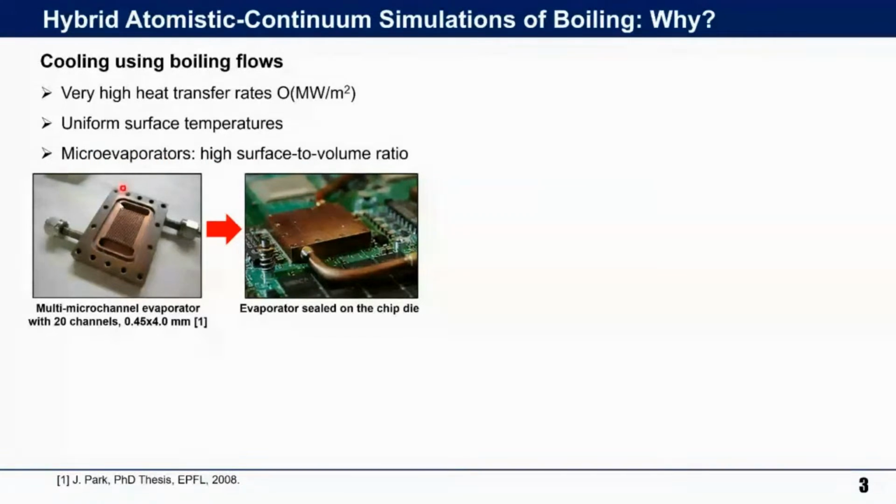Now, these images here are 10 years old, so now we have even more compact systems, but they showcase how you can arrange the flow into many parallel microchannels, and then if you use a dielectric fluid, you can put the fluid in direct contact with the surface to be cooled down, for example, the CPU of a computer, as you see here in this image, so that you really minimize the thermal resistances to dissipate heat.